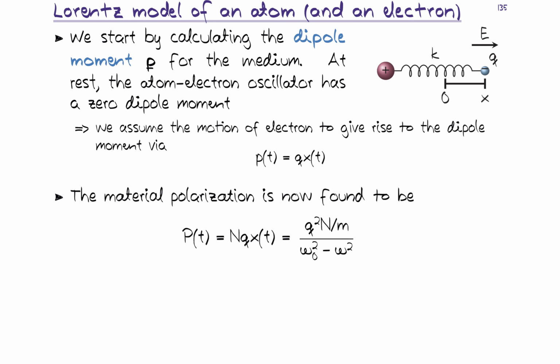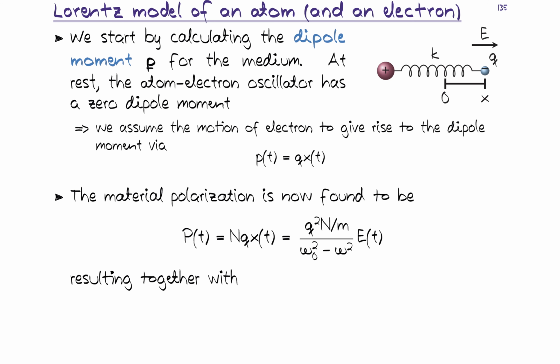And now we plug in things, and we have q squared times n divided by m, divided by omega naught squared minus omega squared. And then we have the time dependence here. And this is actually quite nice because it looks familiar with respect to the kind of macroscopic equations we came up with for the material polarization, and they always had this kind of linear time dependence. So in that sense, things look okay for now.